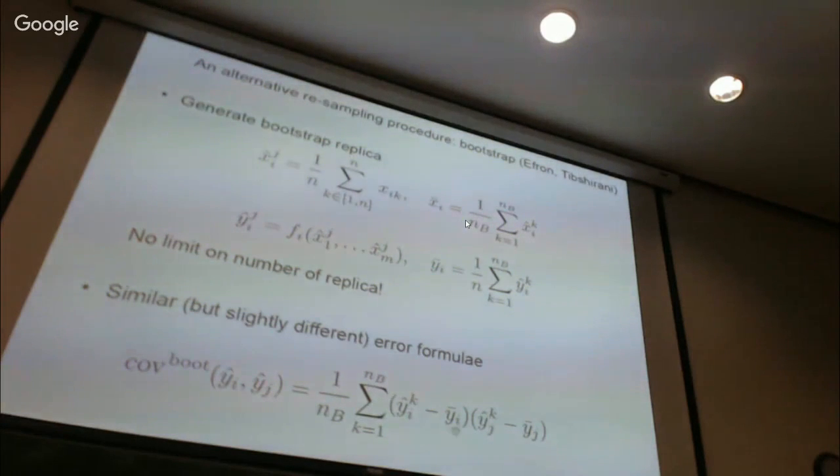So in order to get the correct formula for the bootstrap covariance, I need to put this 1 over NB. Again, if you look at a primary observable for y, you can see with a bit more algebra that this reproduces the correct estimates for the error, with this 1 over NB here. Okay. Questions on bootstrap so far?